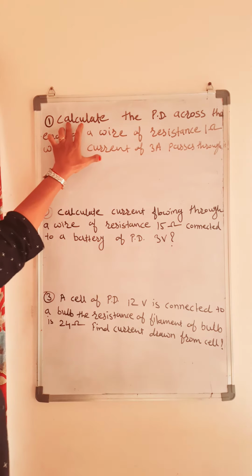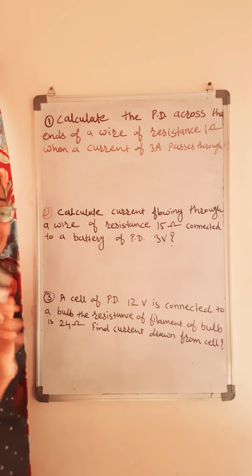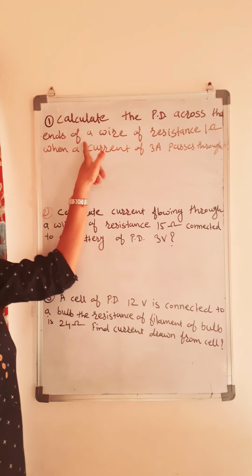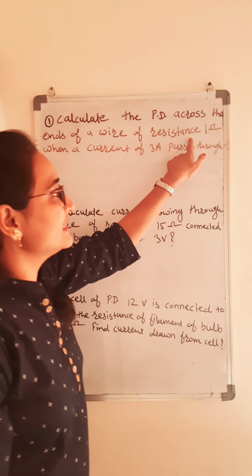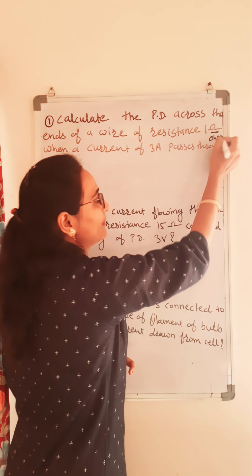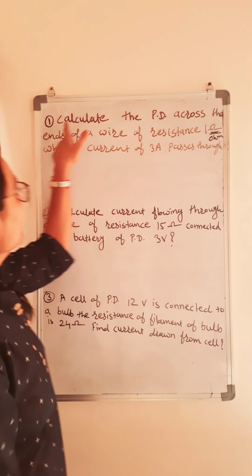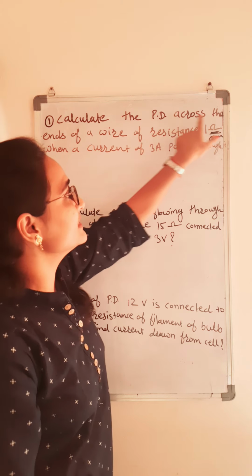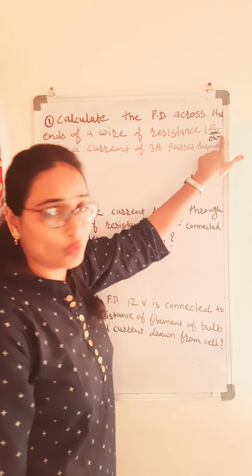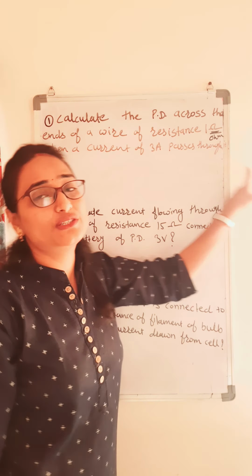First numerical: calculate the potential difference across the ends of the wire of resistance 1 ohm when a current of 3 ampere passes through it.